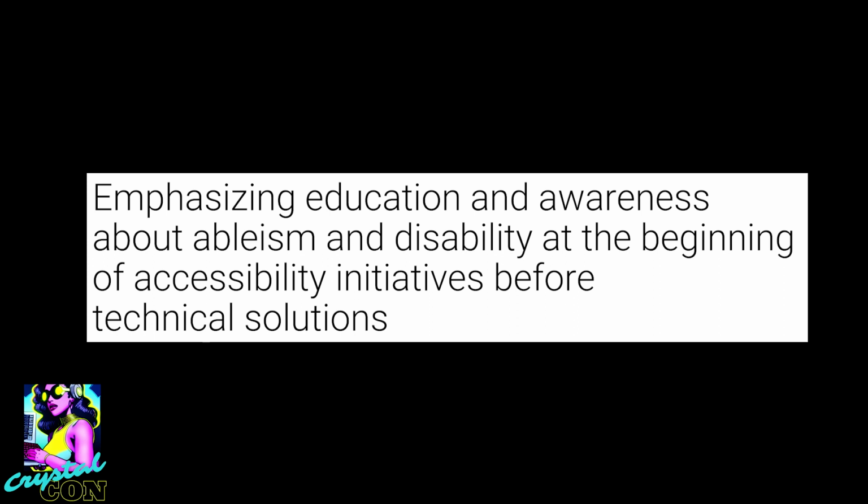Emphasizing education and awareness about ableism and disability at the beginning of accessibility initiatives, before technical solutions. One of the biggest mistakes many companies make when building accessibility initiatives is jumping right into technical fixes without understanding why their product is inaccessible.